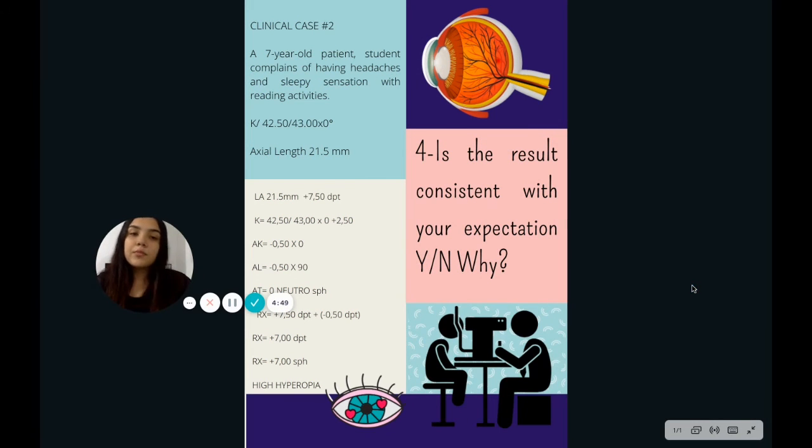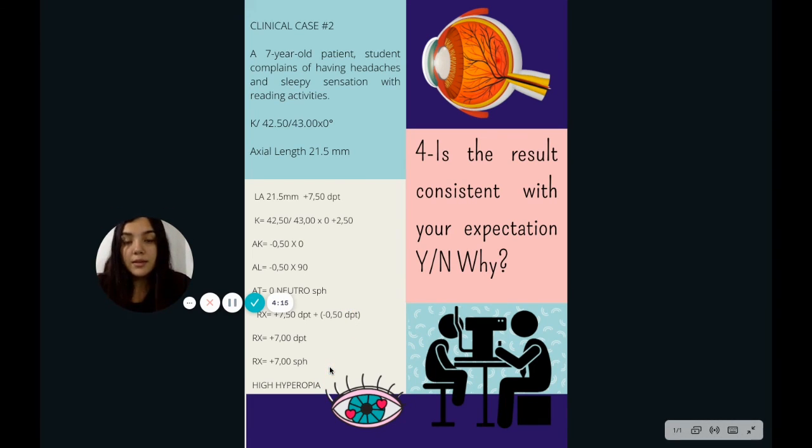Number 4. Is the result consistent with your expectation, yes or no, and why? No. It was expected that the keratometry would agree with the RX, but it was the opposite, since we thought it was myopia.